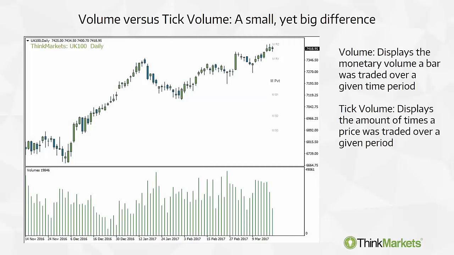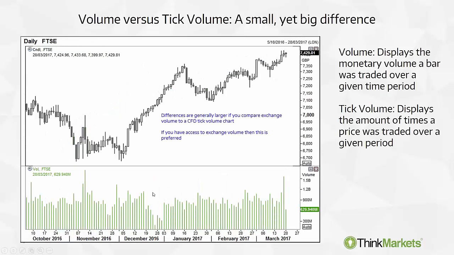Whilst we're on volume, we won't do this too long, but there are differences in volume. Those who maybe come from a stock background may have access to an exchange feed, and you've got volume and tick volume. Volume is looking at the real monetary amount. This here is actually a CFD, and it's tick volume at the bottom.